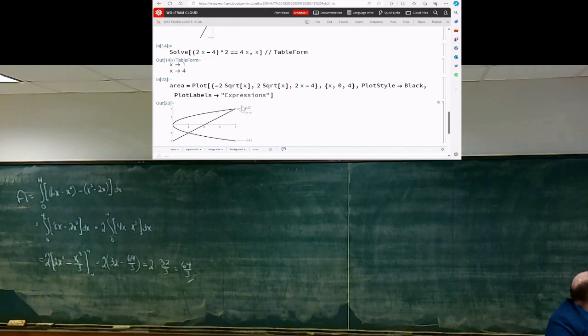What's your larger function? What's your smaller function? 2x minus 4. You have 2 separate regions. One region goes 0 to 1, the second region goes 1 to 4.